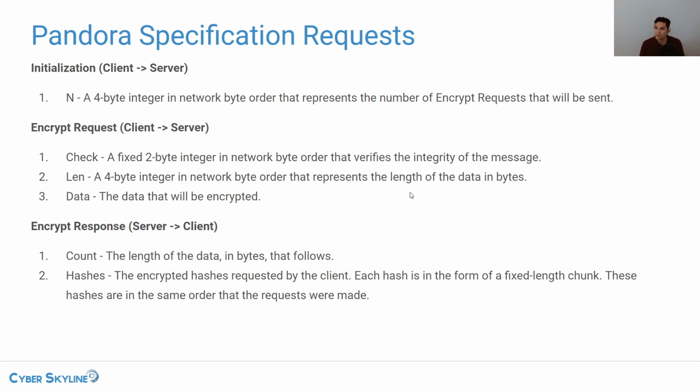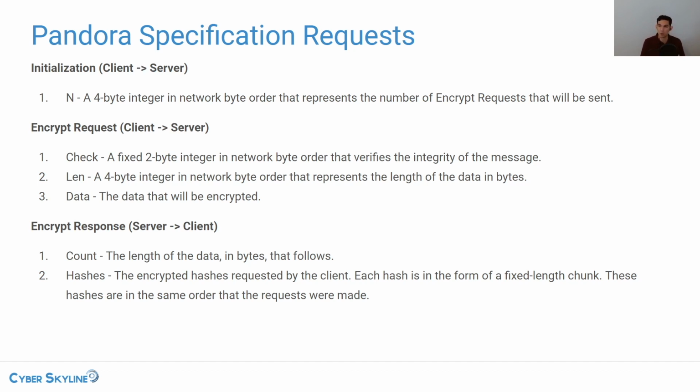We're also given more technical specifications as to what the initialization message, these encrypt requests, and these encrypt responses look like. And so the initialization is specifically a 4-byte integer, and it says in network byte order.